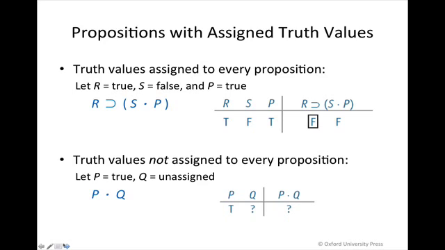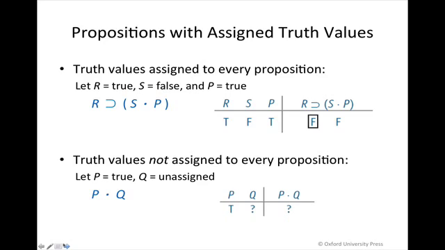What about the second example? What if the truth values are not assigned to every proposition? So suppose that you are given the sentence P dot Q and you know that P is true. If P is true and we don't know what Q is, we don't have any way of determining what the sentence's value is. Why?